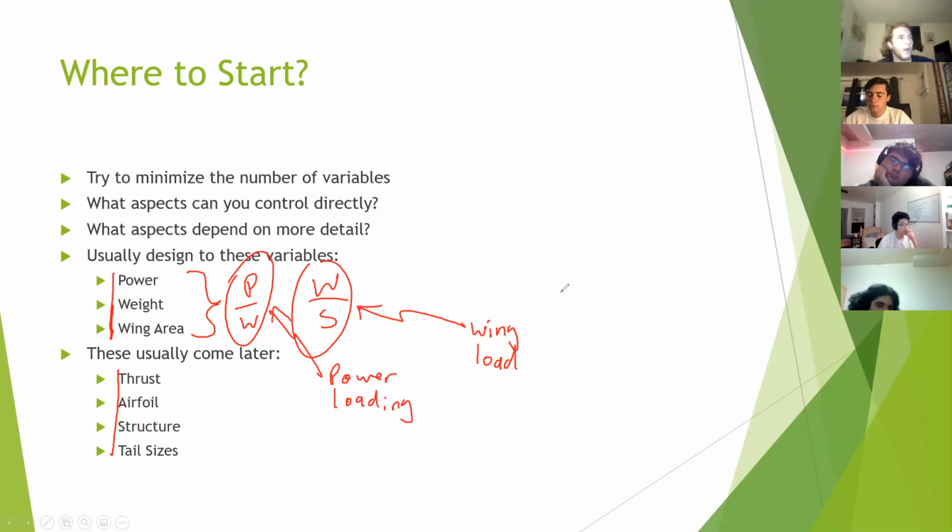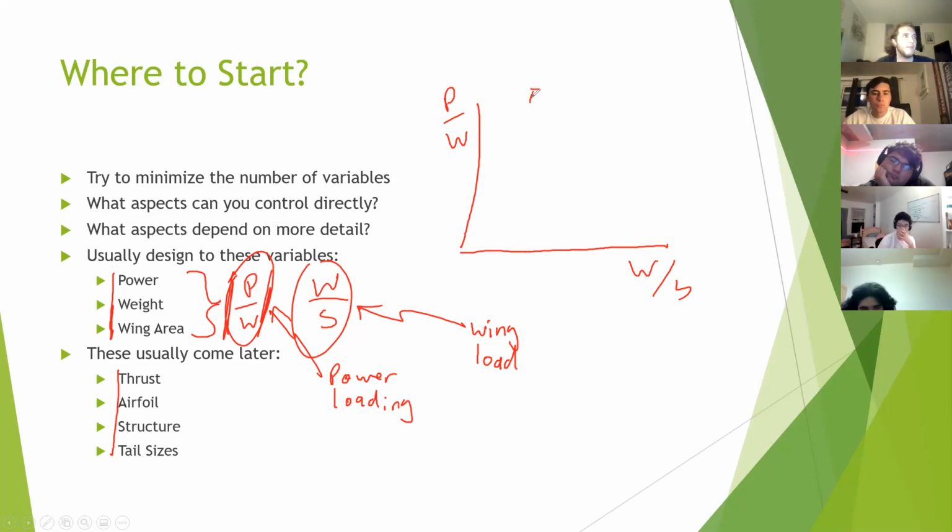The way I would approach it is, first of all, one of the ways I like to visualize this is by thinking of a design space. One of the best things about having two variables is that your design space is easy to draw. If we draw wing loading and power loading here, we can calculate the flight time at a grid of points in this design space, and then figure out which has the highest score.